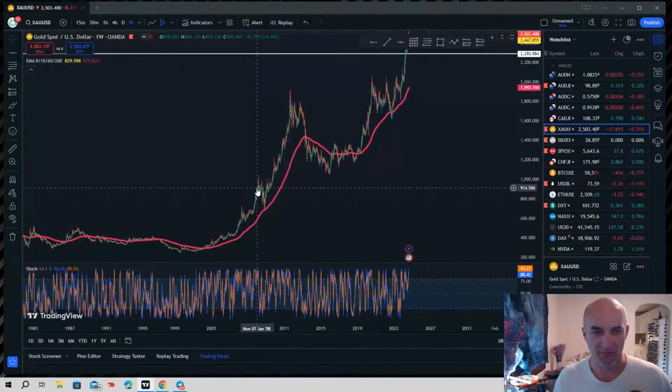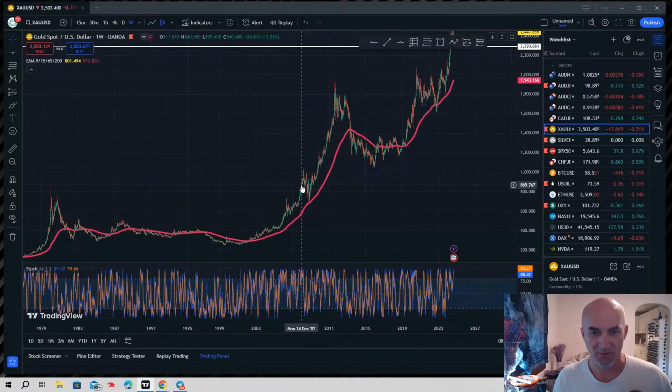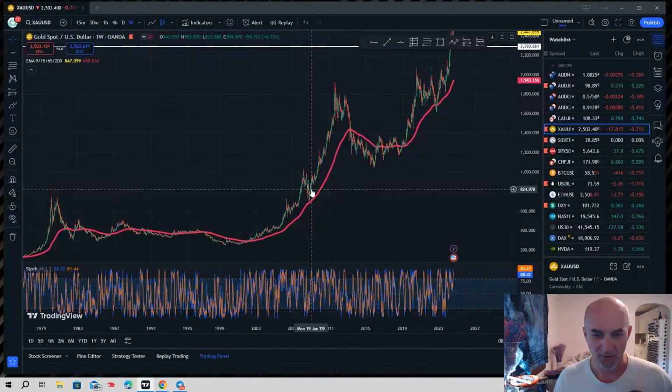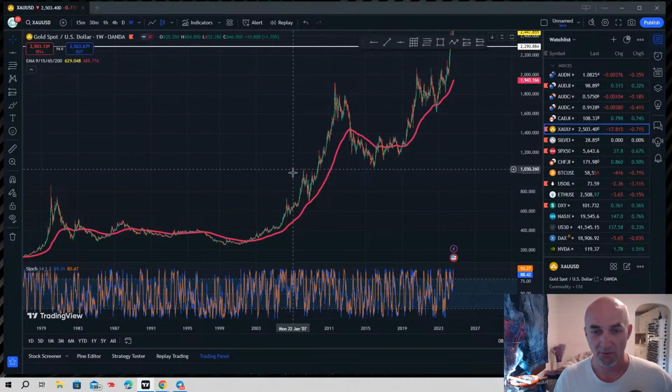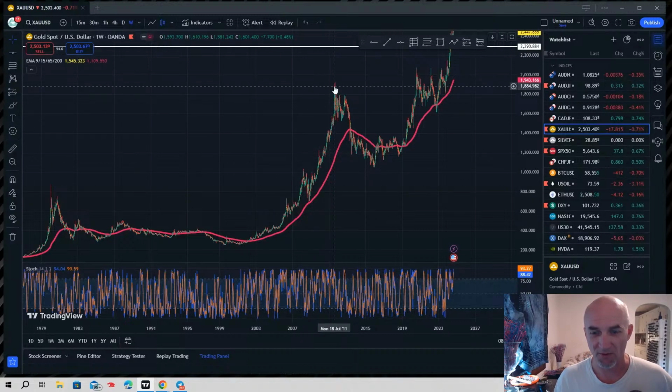So technically, right here is where it really broke out. So from the 800, from 2009 up to 1943. Oh yeah, damn near. Ooh, crazy. $1,000 to $1,800. So it went up $1,000 in 2 years.